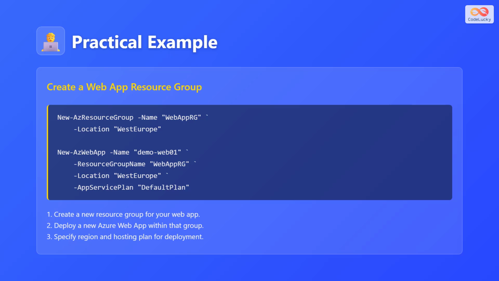Then, run New-AzWebApp -Name demo-web-01 -ResourceGroupName WebAppRG -Location WestEurope -AppServicePlan DefaultPlan. This workflow demonstrates the typical pattern. Create a resource group first, then deploy your resources into that group, specifying the region and any required parameters like the hosting plan. This approach keeps your resources organized and makes them easier to manage.